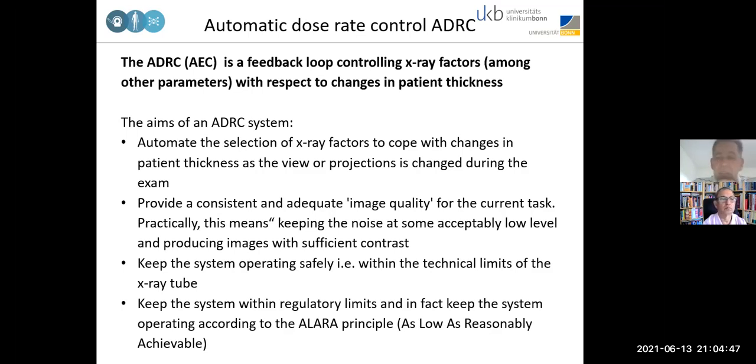Yes, this is something you would like to have. Provide consistent image quality. You have to keep the image quality as good as you can. Keep the system operating safely, so technical limits should not be exceeded, and keep the system within the regulatory limits. So don't test any fancy positions.